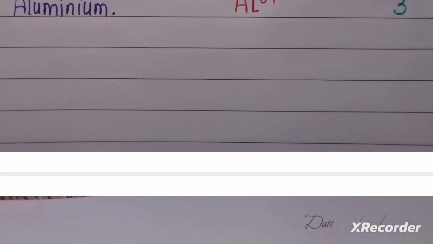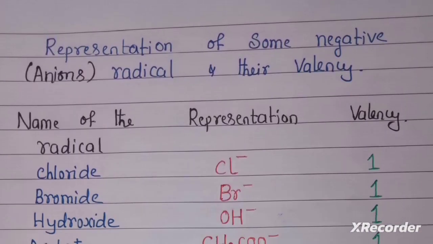In the next page we have the representation of some of the common anions, negatively charged radicals, which we use to write the chemical formulas.